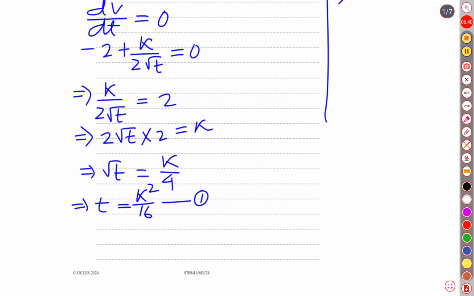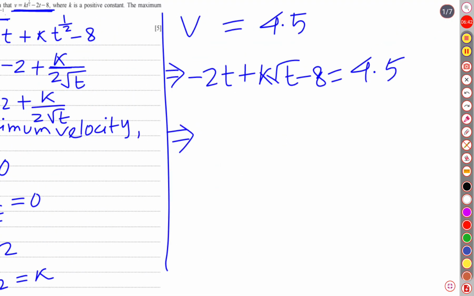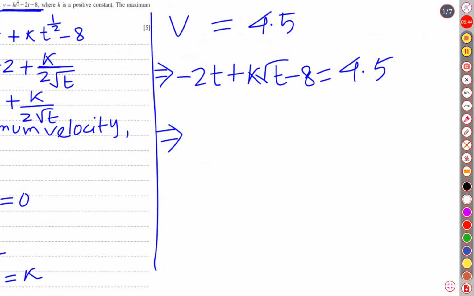So we will substitute: minus 2 times t, which is k squared over 16, plus k times square root of t.